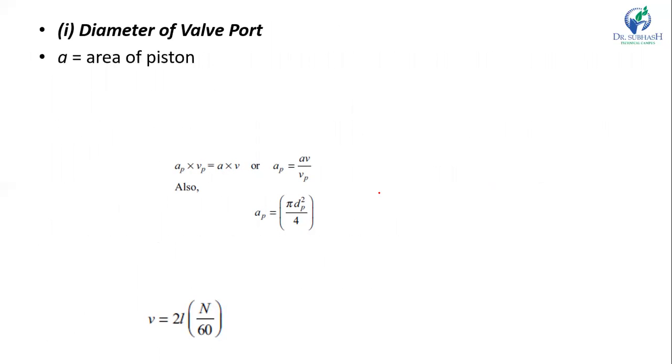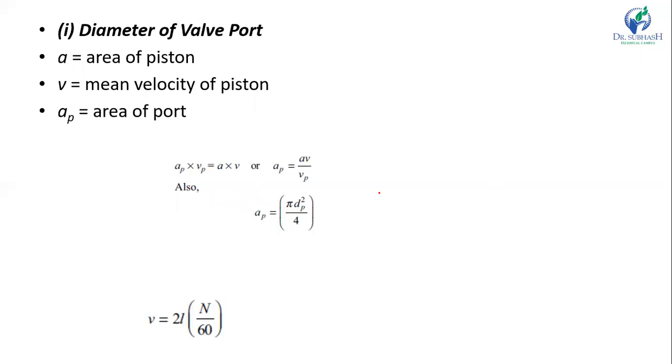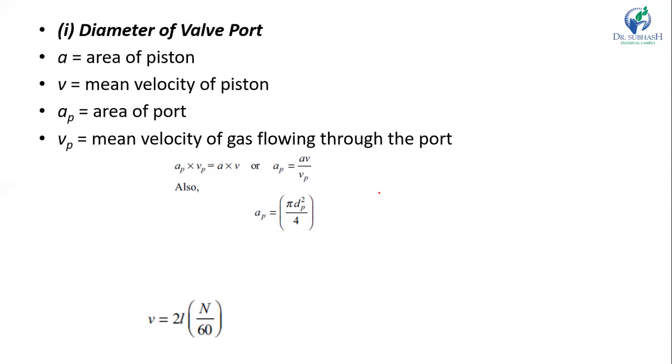A is the area of piston, V is the mean velocity of piston, AP is the area of port, and VP is the mean velocity of gas which is flowing through the port. Therefore, we can say AP into VP is equal to A into V, right?